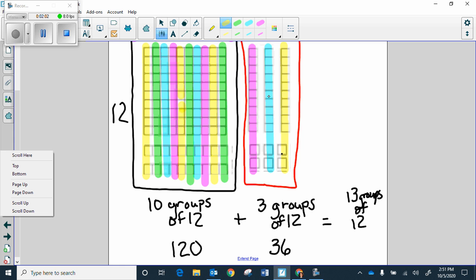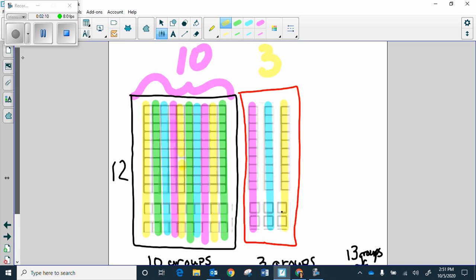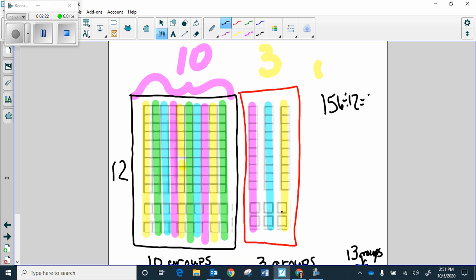That takes 3 more groups. So in the end, 10 groups plus 3 groups equals 13 groups of 12 that can be made out of 156. So 156 divided by 12 equals 13.